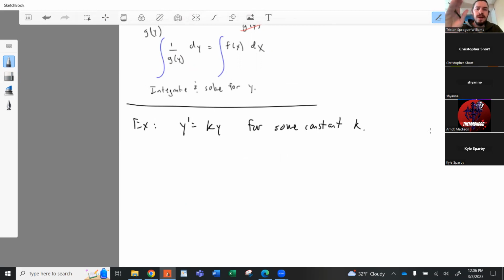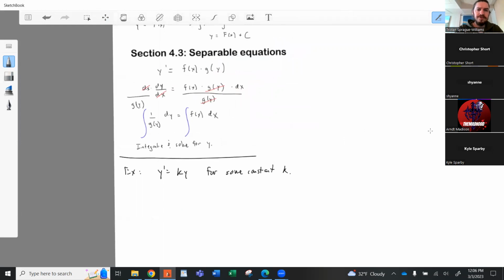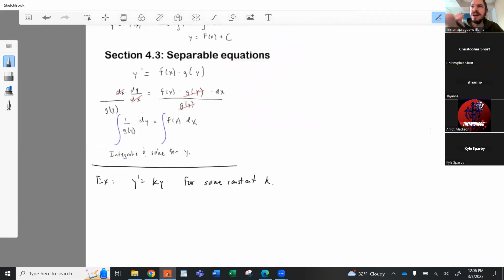This is a separable differential equation because f of x is essentially just 1, or maybe k, it doesn't really matter. Let's say our f of x is a constant, that's k, and our g of y is y, just like that.